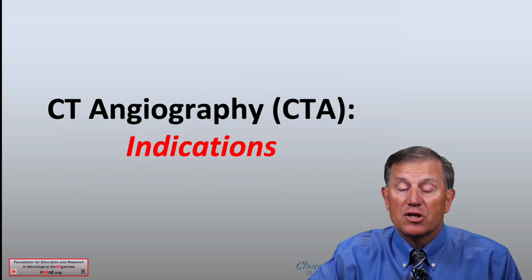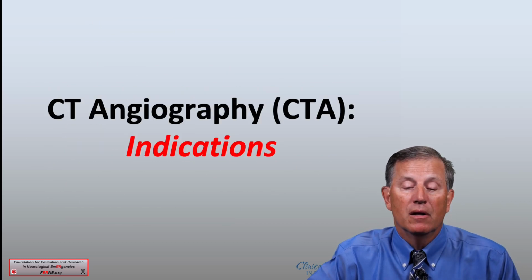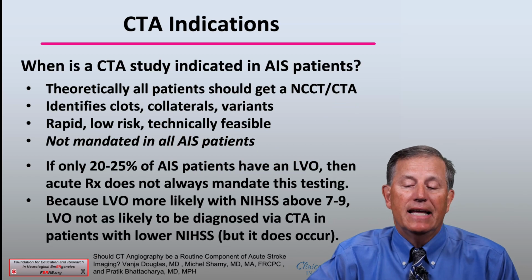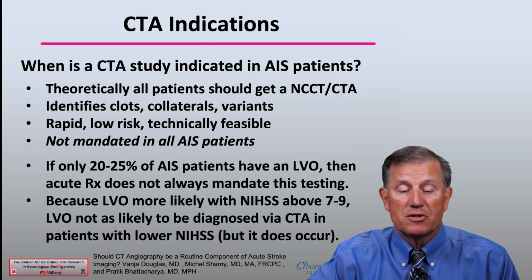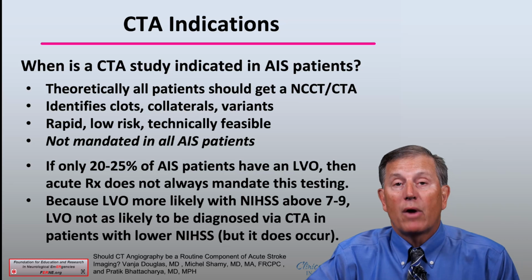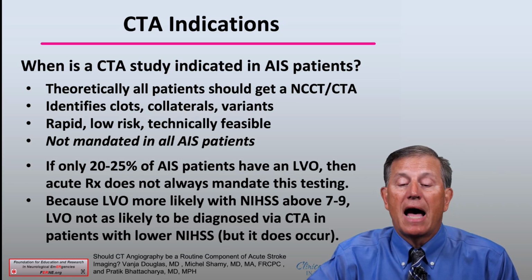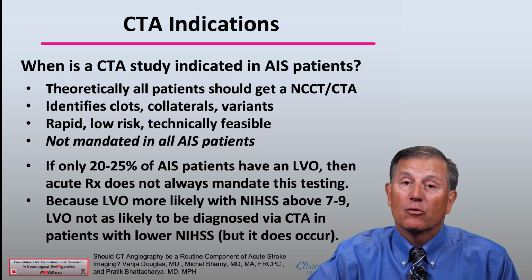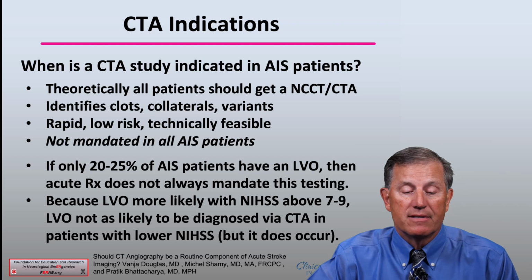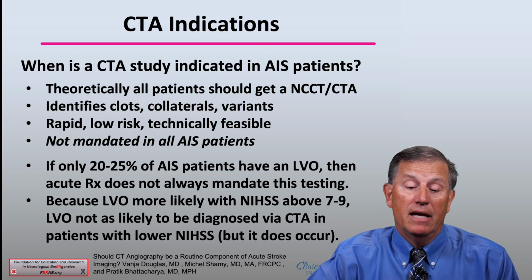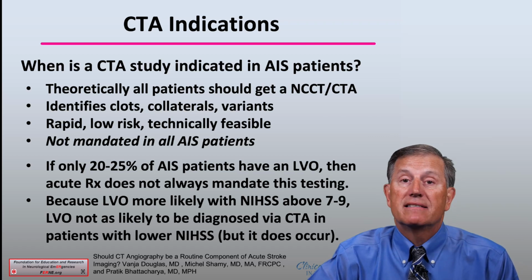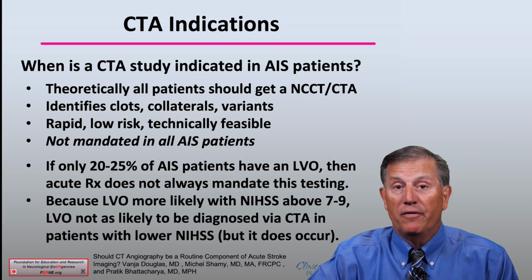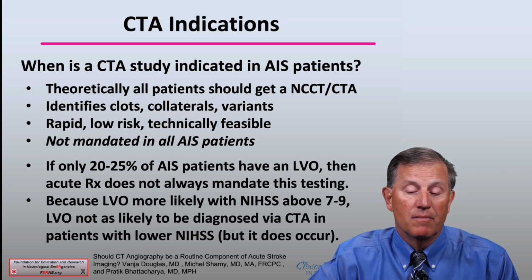What are the indications for CT angiography? When is a CTA study indicated in acute ischemic stroke patients? Theoretically, all patients should get a non-contrast CT and a CTA. Why? The CTA identifies clots, collaterals, and vascular variants. It can be done rapidly, it is relatively low risk, and it's technically feasible simply with the injection of the contrast.